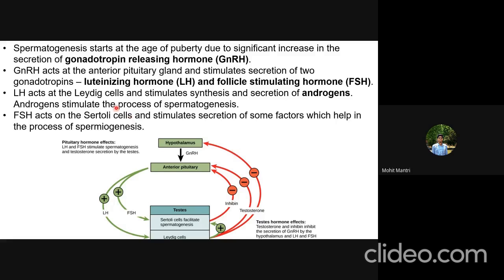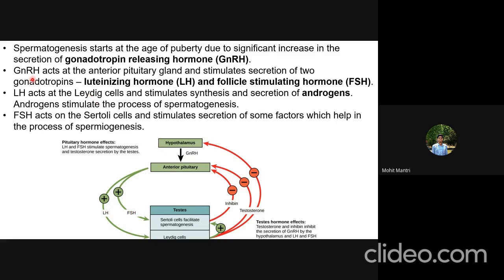So spermatogenesis starts at the age of puberty because there is an increase in the secretion of the gonadotropin releasing hormone. So the hypothalamus releases gonadotropin releasing hormone, and this stimulates the anterior pituitary gland to secrete the gonadotropin hormones, which are luteinizing hormone and follicle stimulating hormone, or LH and FSH.